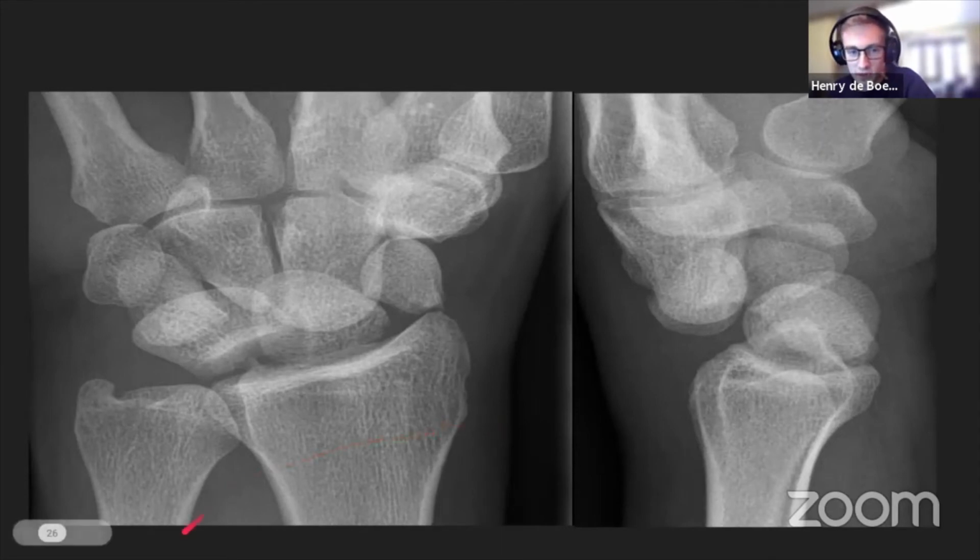Okay, so let's have a look through this one together. Tracing the cortices. Okay, so no fracture that I can see. Alignment. This first row looks okay here, but then as we trace this middle carpal row, it's lumpy bumpy, it's all overlapping.